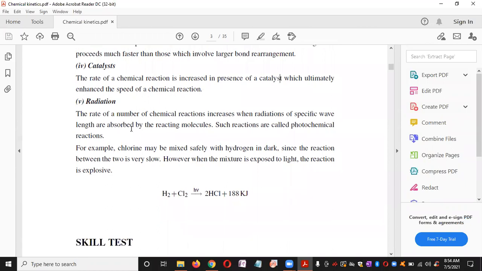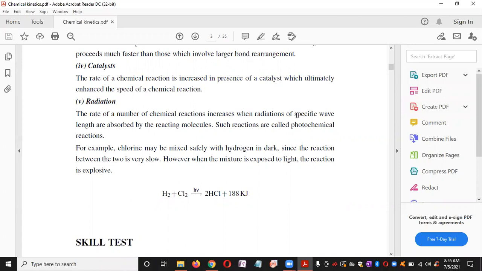Next, radiation. Light radiation means generally we use different radiation. Generally we use UV radiation, IR, but in photochemical reactions we generally use visible light. So visible light also promotes the reaction. The rate of a number of chemical reactions increases when radiation of specific wavelength is absorbed by the reacting molecule.